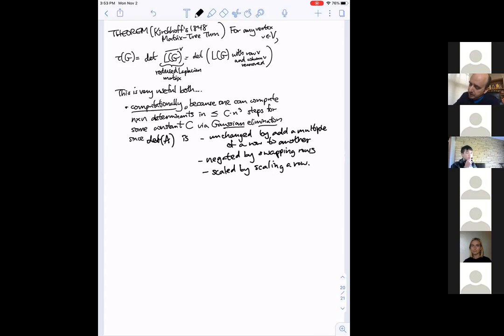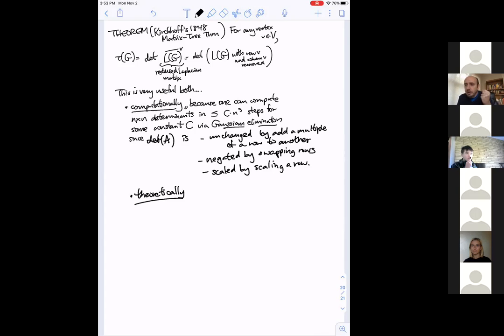So it's useful computationally, but it's also useful theoretically, and we're going to see an example of this, because sometimes you have graphs that are highly structured. We've already seen some graphs that are highly structured, and where you can actually compute the determinant via eigenvalues.